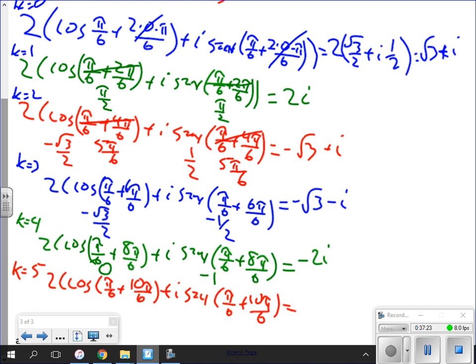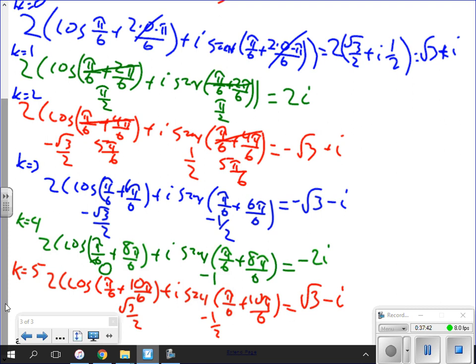Cosine of 11 pi over 6 is positive root 3 over 2. And sine would be negative 1/2. Multiply through by 2. We end up with the square root of 3 minus I.